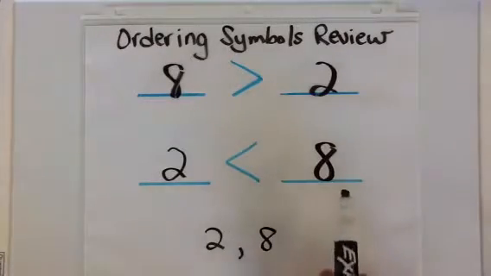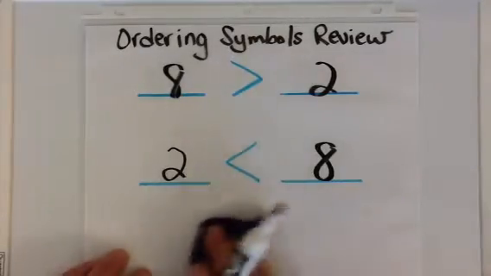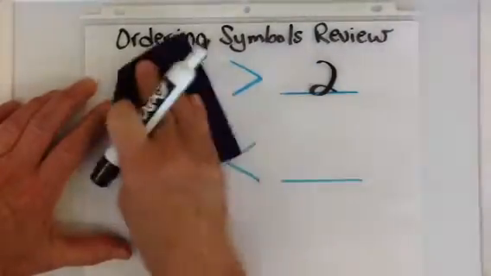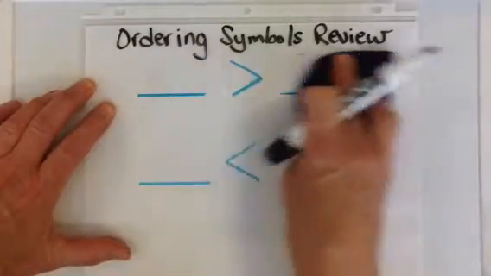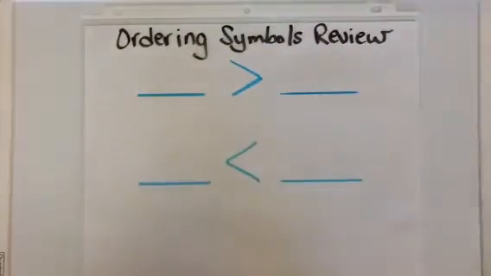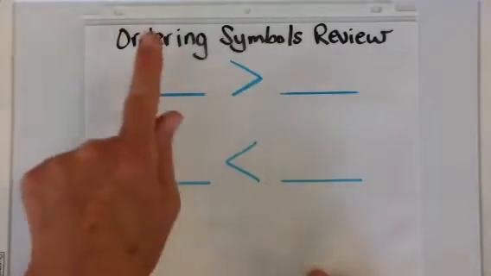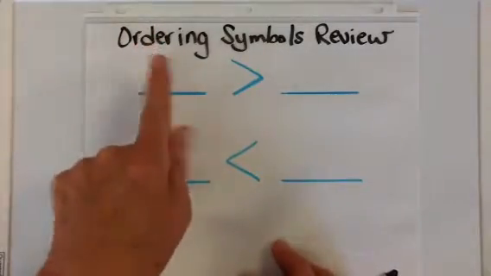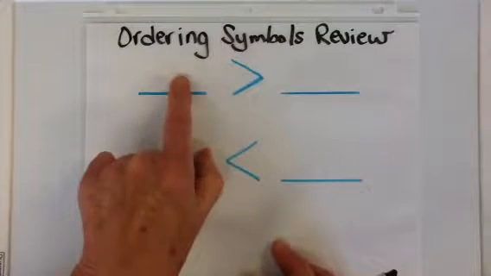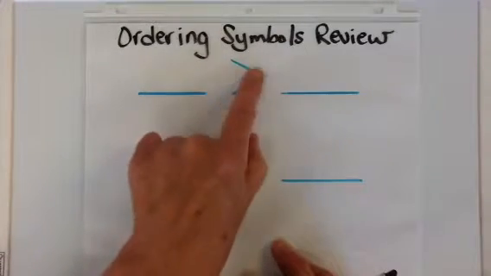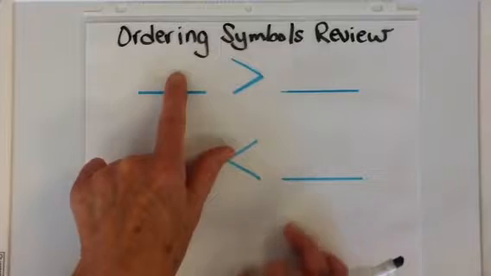Now I want to pause and talk a little bit more about reading these statements, because we can read them two different directions, from right to left or left to right. Now, whatever number is here, if you're reading from left to right, if you get confused about how to read this symbol, you can use your finger.